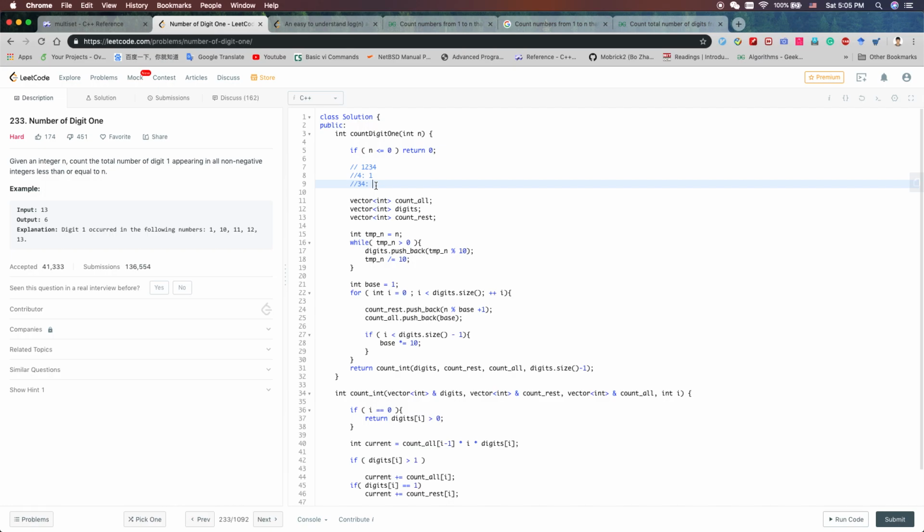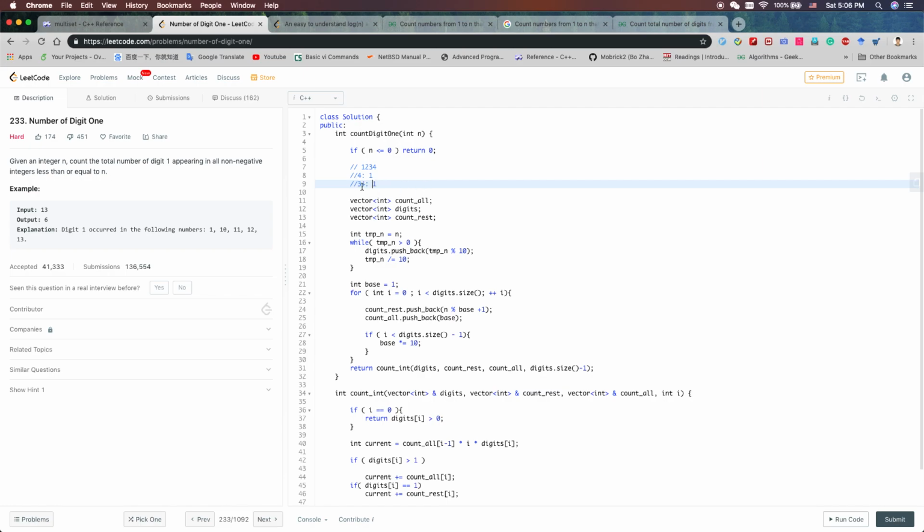So you check how many numbers from 1 to 4 contain digit 1. We already know from 1 to 4, there is only one number that contains digit 1, so it is only 1.